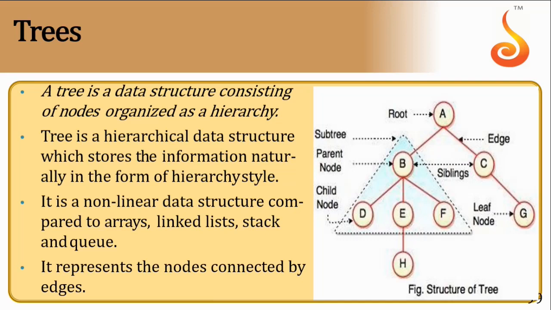Leaf nodes are also called terminal nodes. If they ask you what terminal nodes are, you need to write the definition: a node without any children is called a leaf node or a terminal node. Getting it?